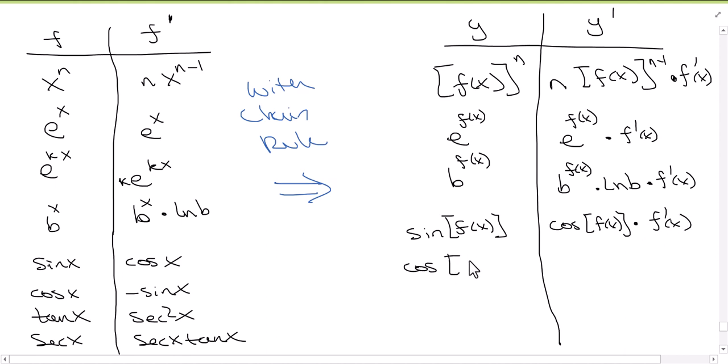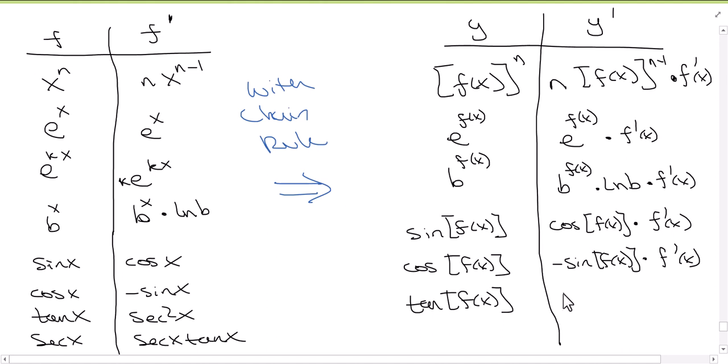The derivative of cosine of f of x will be negative sine of f of x, times f prime. And tangent, same thing. The derivative of tangent of f of x, the stuff, is secant square of the stuff times the derivative of the stuff.